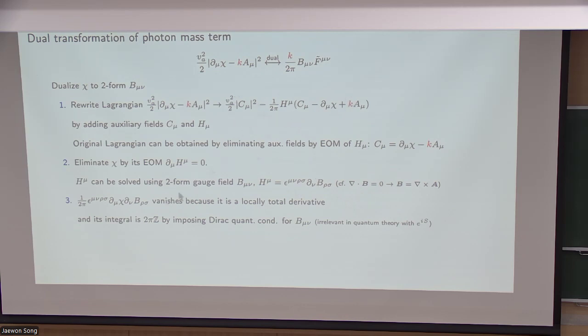The combination between the chi field and the B field vanishes because it is locally a total derivative, and its integral is 2 pi Z by imposing the Dirac quantization condition for B_mu nu, which is irrelevant in quantum theory. Finally, by eliminating other auxiliary fields such as C_mu and taking the low energy limit, we have the coupling between H_mu and A_mu, and by partial integration, we have this BF action.